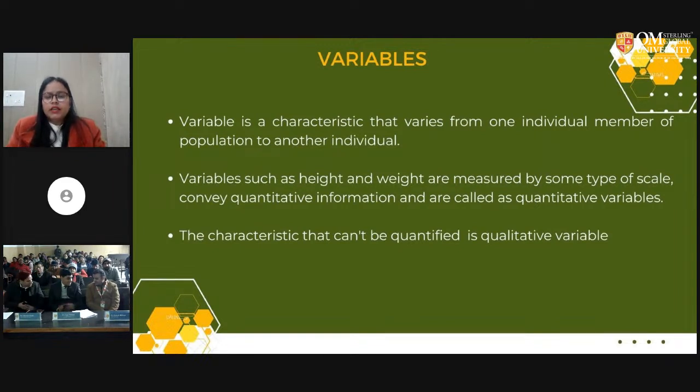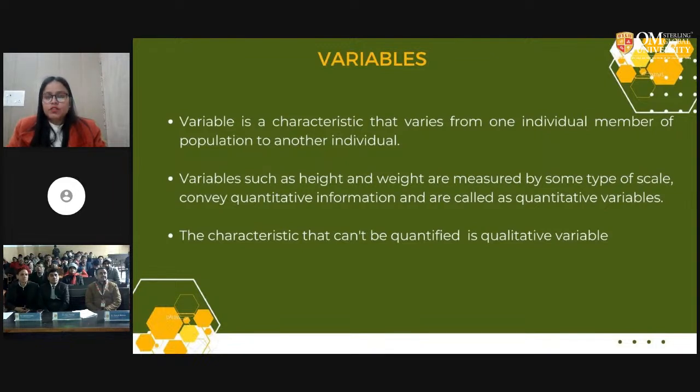For example, take height and weight, because they are measured on a particular type of scale. When we are measuring a variable which has quantitative information, we can say that it is a quantitative variable. On the other hand, a characteristic that cannot be quantified is a qualitative variable.